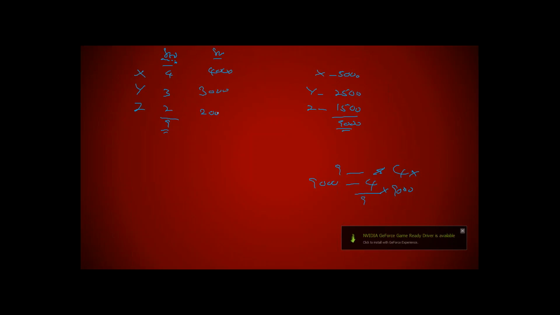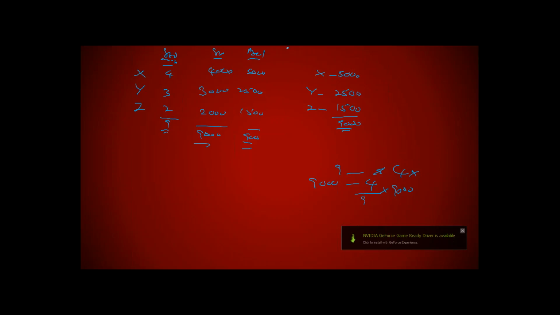So this is your standard mix for 9,000. But what is your actual mix? Actual mix is 5,000 X, 2,500 Y, and 1,500 Z.